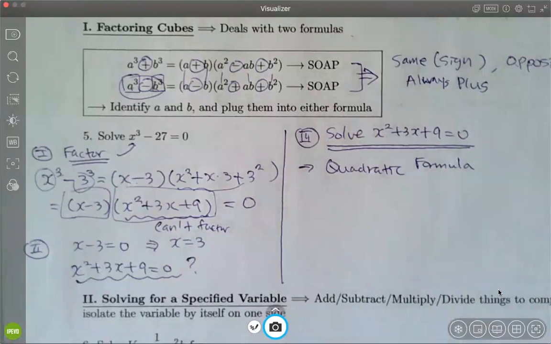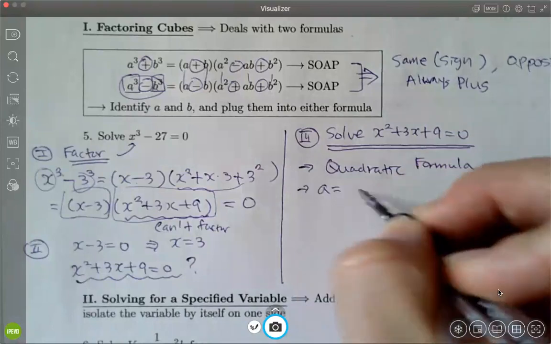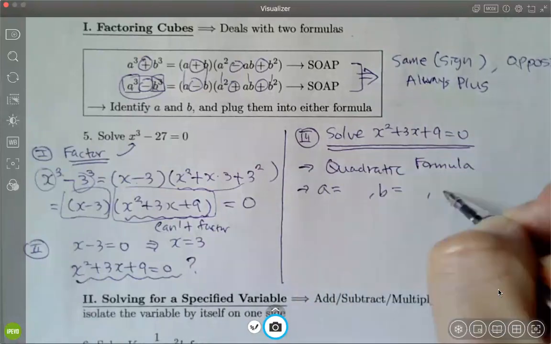And now, remember, for the quadratic formula, what do you have to do? Identify A, B, and C, right? So here, what are your A, B, and C?